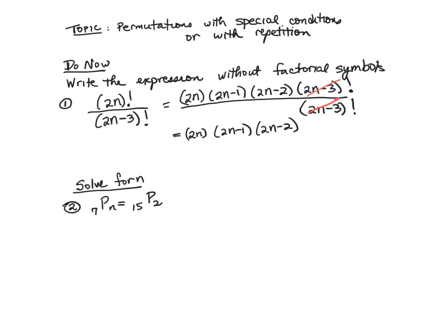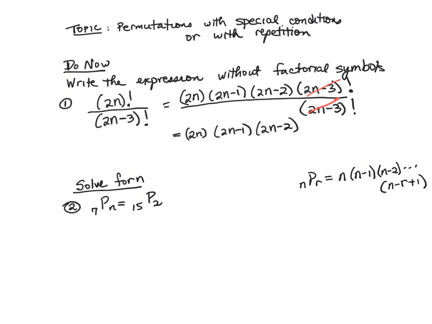Okay. In the second one, we discussed the formula for nPr, and there were two formulas. We start with n, and we count down until the last factor is n minus r plus 1.